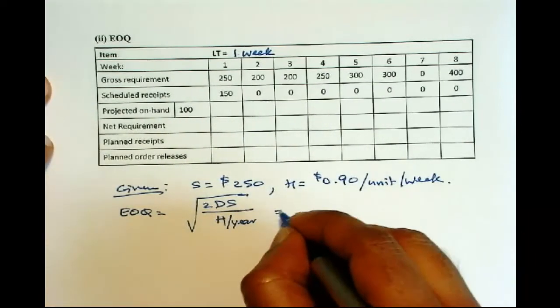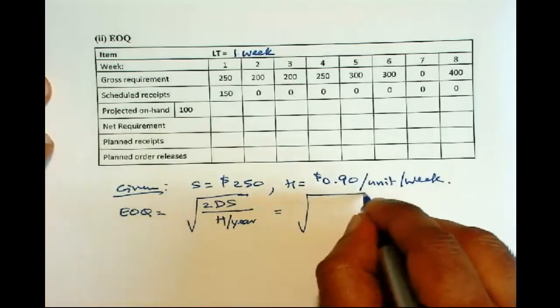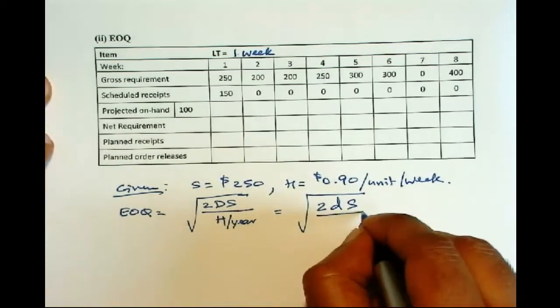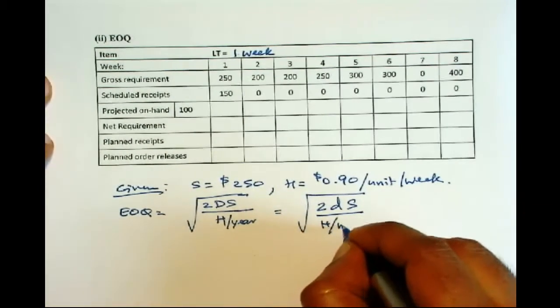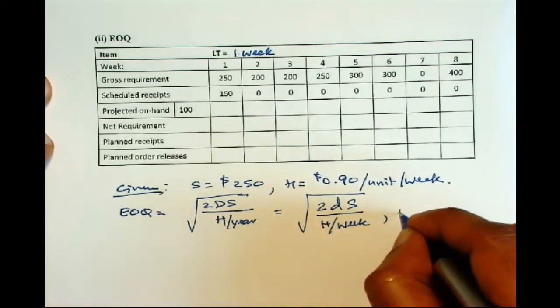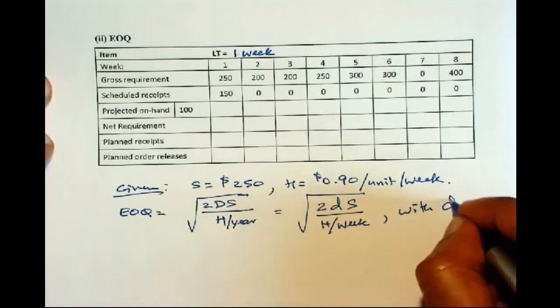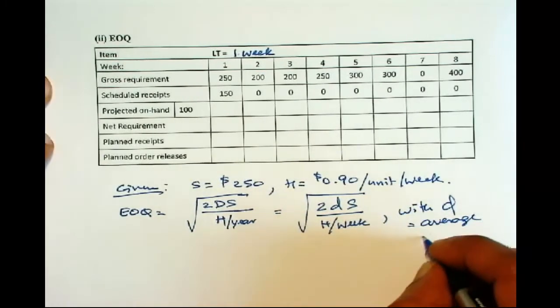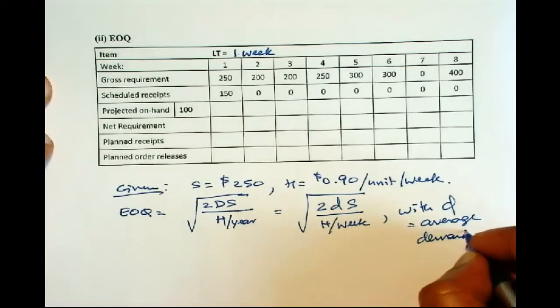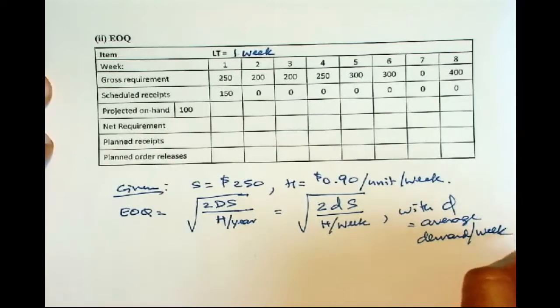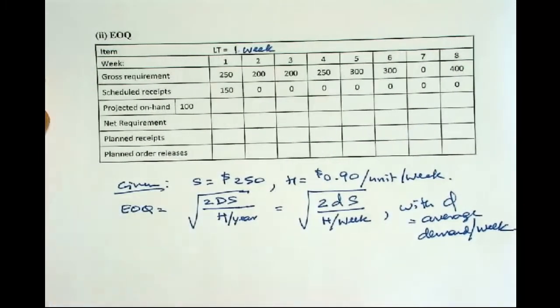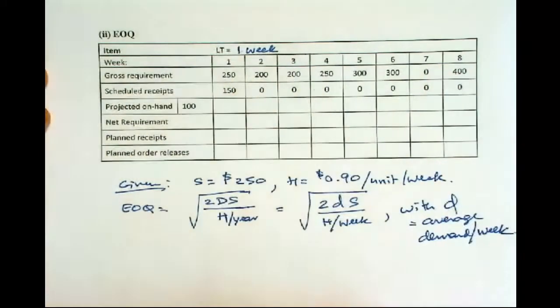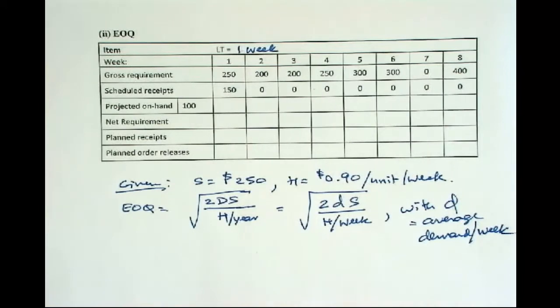But if we do it this way, with D as average demand per week, then it will work. So what we have to do is take the sum of the gross requirements and divide by the number of weeks.